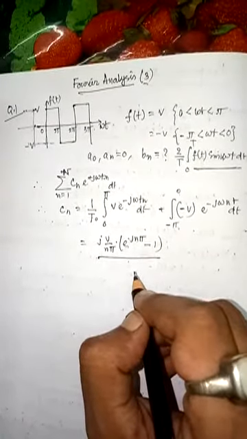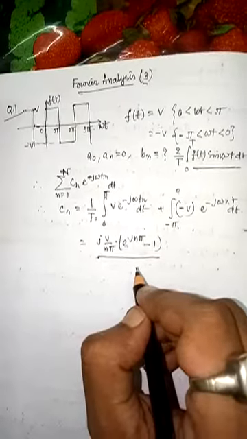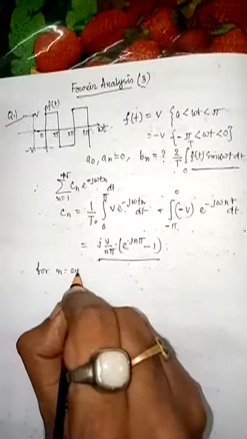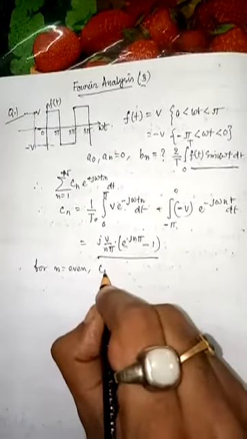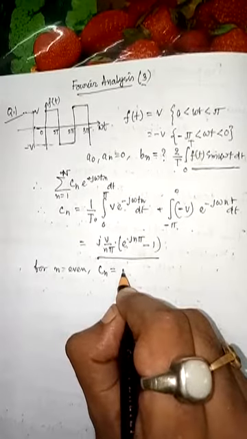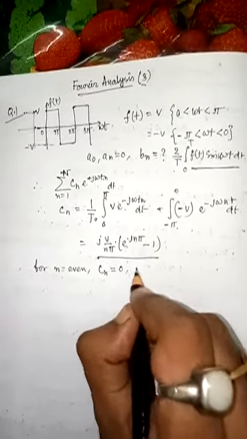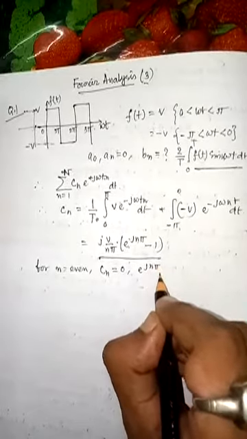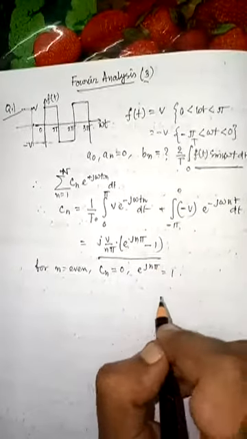Now for n even, cn equals 0, since e to the power j n pi equals 1.